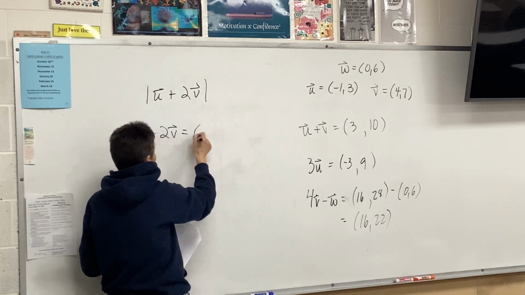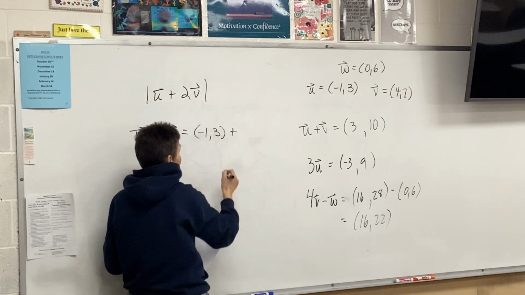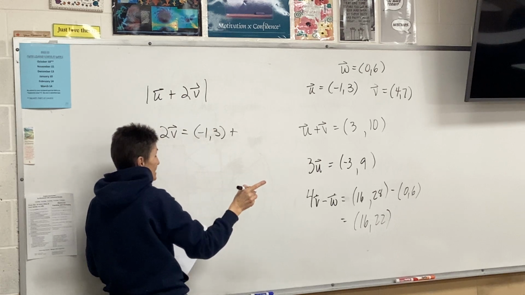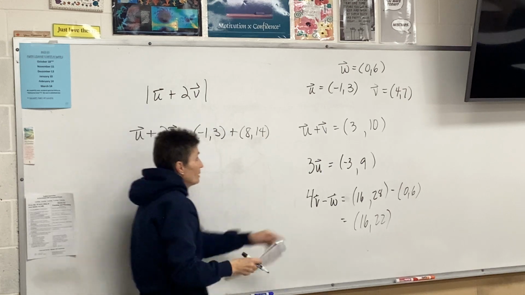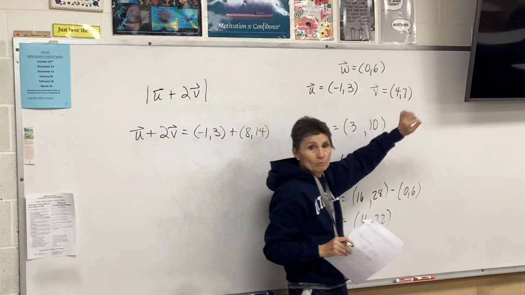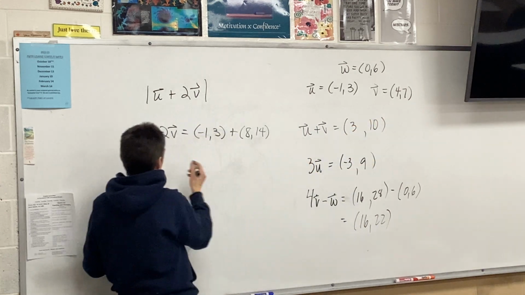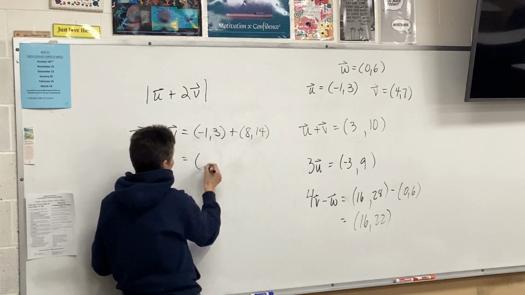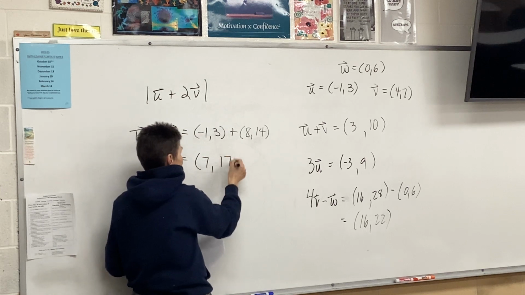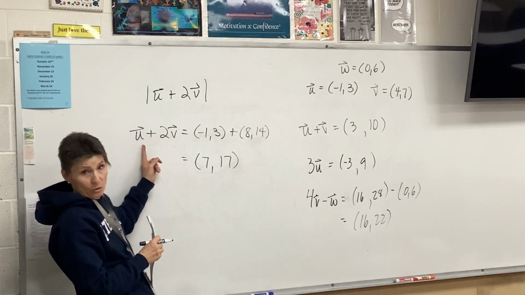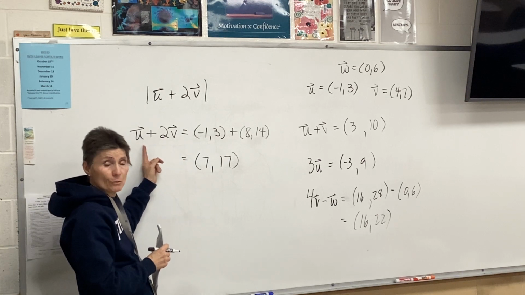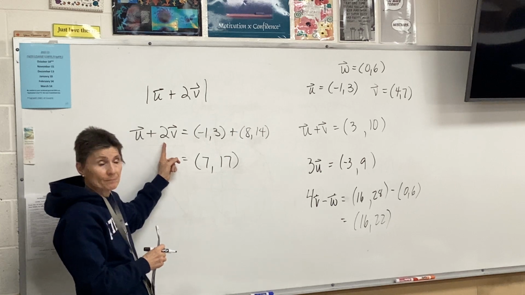So U plus 2V will be 8, 14. 2V's, double it, double V. Now I want to add those together, so that sum will be 7, 17. So that is the resultant of U and 2V.